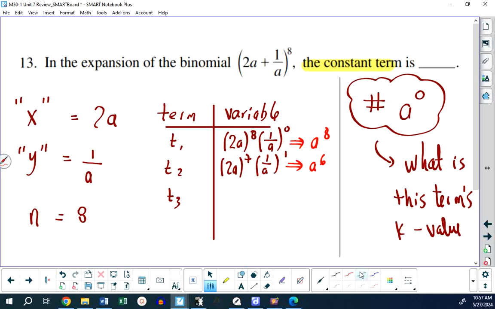But now, if you want, you can kind of stop doing what we've been doing and recognize that a is losing 2 exponent values each time, which means the third term will be a to the 4, the fourth term will be a to the 2, and then we will get a to the 0. So this is T3, T4, T5.